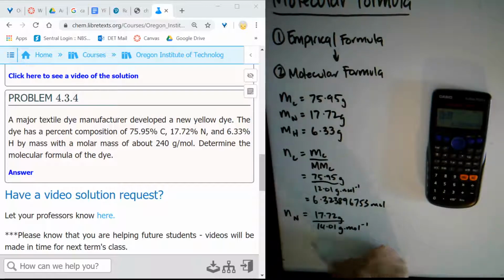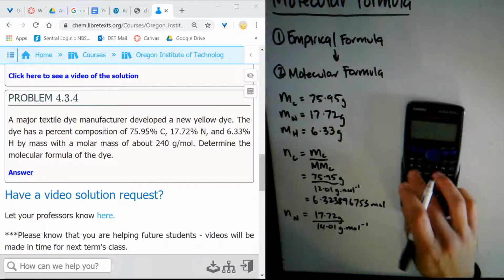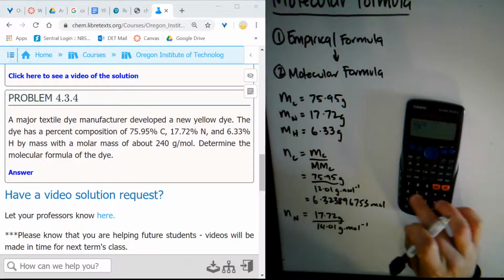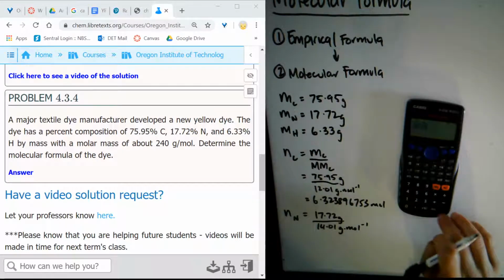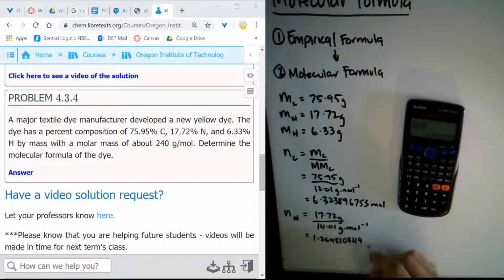It doesn't exist in its molecular form. We're talking about inside a compound that contains these three things. So 17.72 divided by 14.01, and we get 1.264810849. Once again, just check this and we get moles. Always thinking about our units.